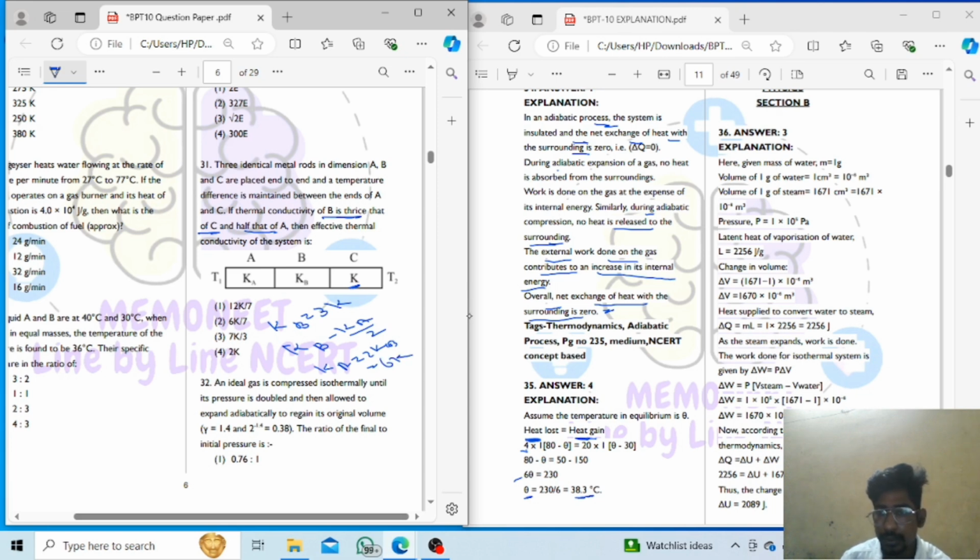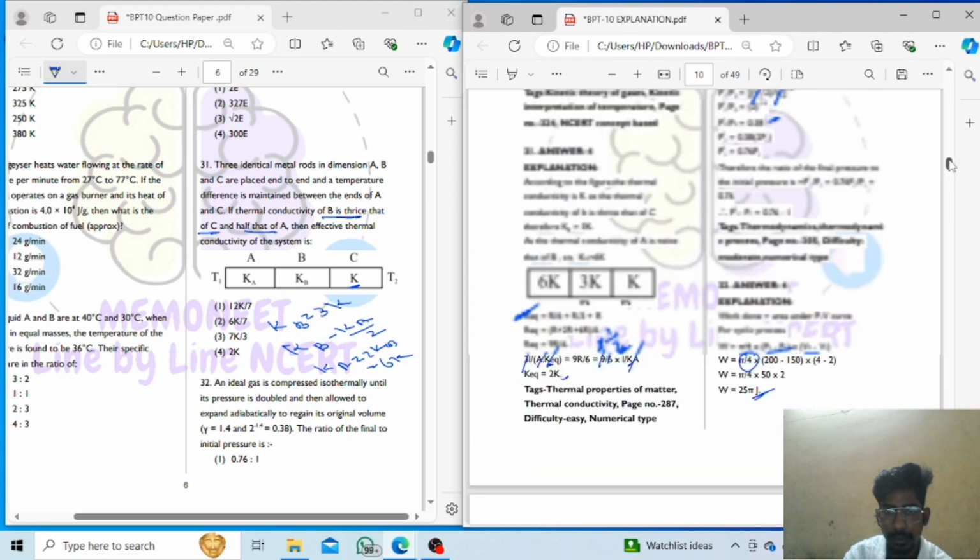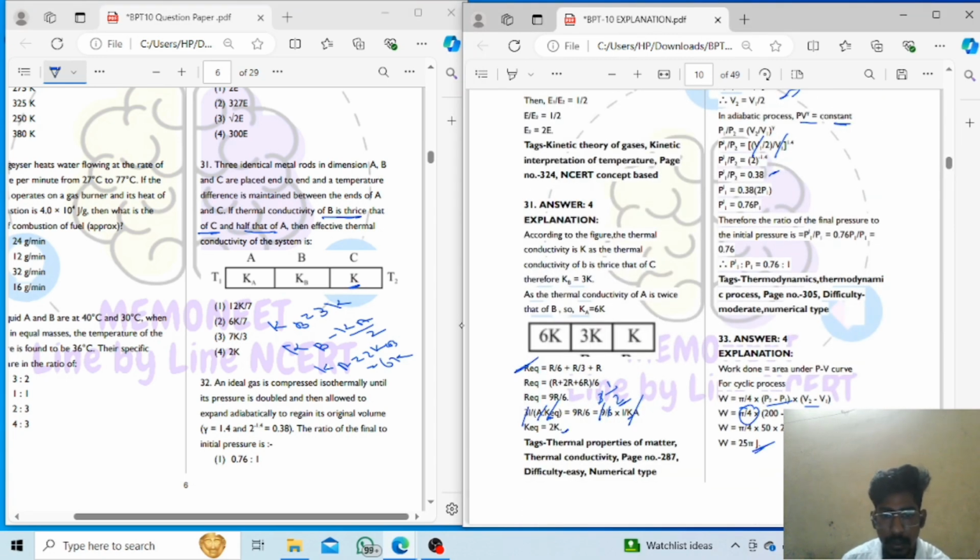If we simplify the diagram, it will become 6K, 3K and K. Now you have to calculate the equivalent K. The equivalent resistance will be R by 6, R by 3 and R, giving 9R by 6.